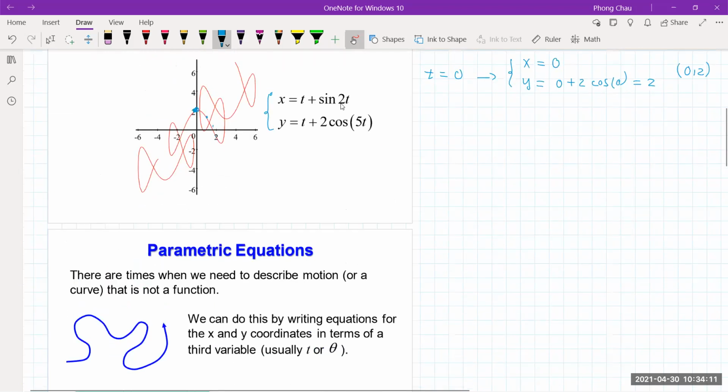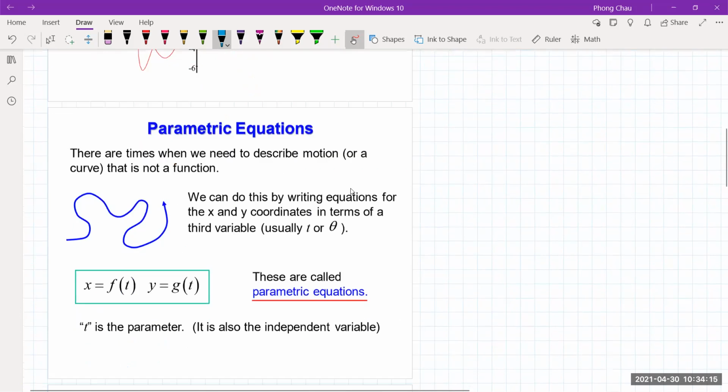We use theta because it's kind of the angle that involves trigonometric functions. So either t or theta. We're going to have two formulas: one for x, which is f of t, and one for y, which is the function g of t. These are called parametric equations, plural, because we need two equations, one for x and one for y.